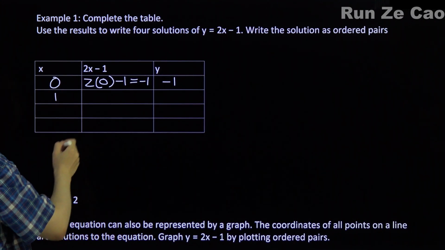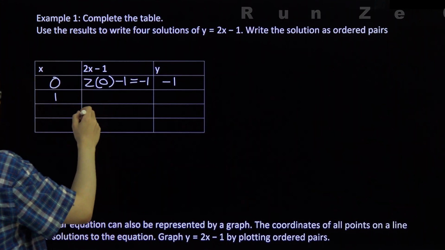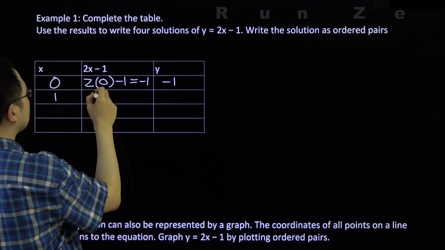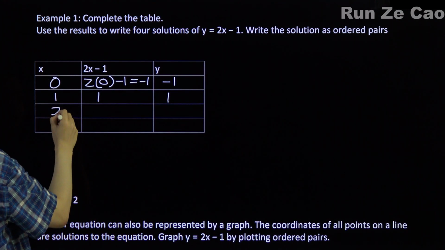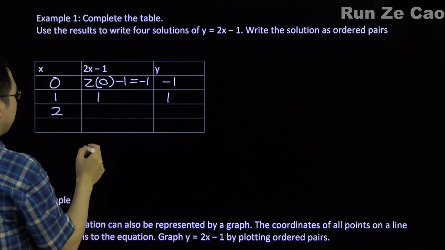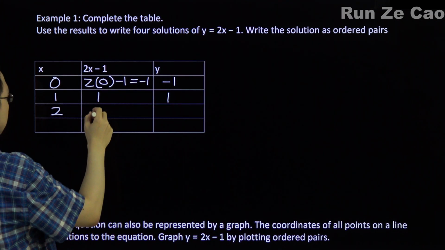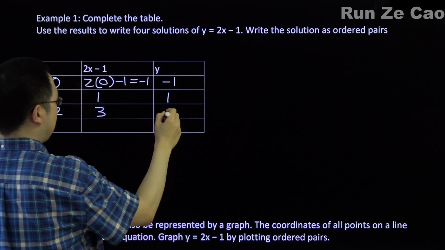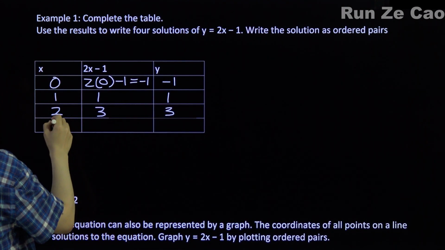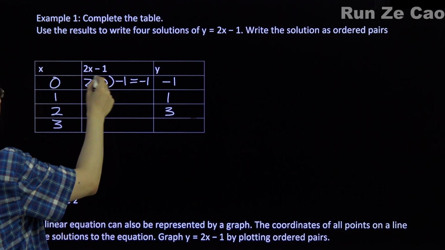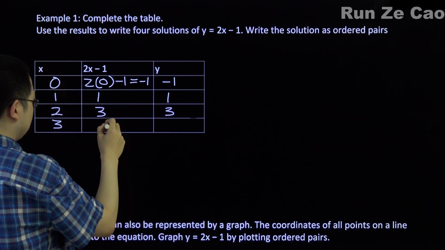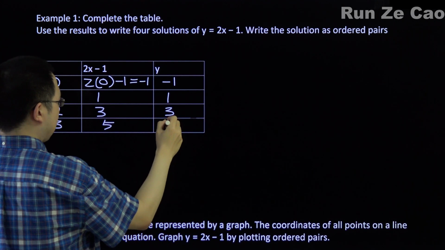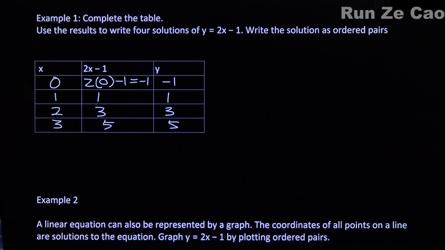X equals 1. 2x minus 1 is going to be 2 times 1 minus 1, so 1. Y is equal to 1. X is equal to 2. 2x minus 1 is going to be 2 times 2 minus 1, so 3. Y is equal to 3. X equals 3. That's going to be 2 times 3 minus 1, which is 6 minus 1, so 5. And y is equal to 5.